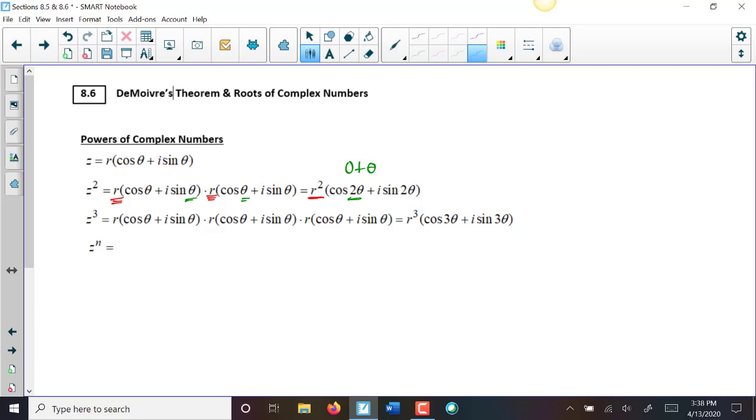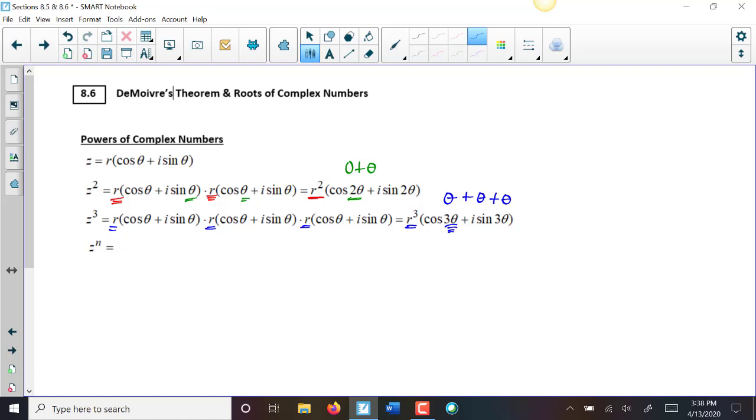If we cube our complex number, we're taking it times itself 3 times. So we're saying r times r times r is r cubed. And then I'm taking my angle, which is theta, in each complex number, theta plus theta plus theta is 3 theta.